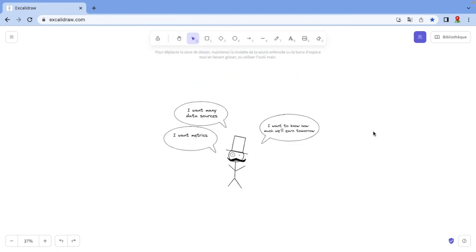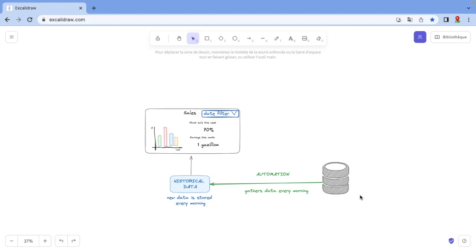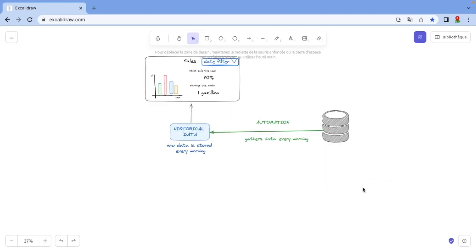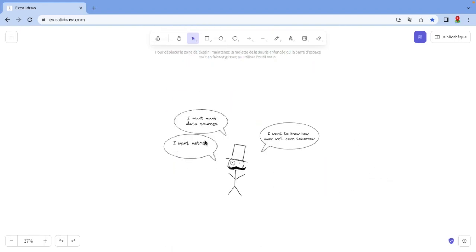But again, we have our stakeholder, and he wants a little bit more complexity. He wants many data sources, not only this one that we are working with. He wants metrics. He wants to know how much we'll earn tomorrow or the next week.